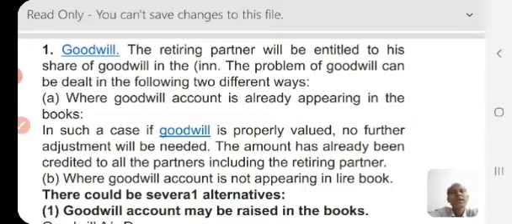So, at the liabilities side, the amount of goodwill is included in the partners' accounts, including the retiring partner, all partners. So goodwill is reflected in the capitals. At the assets side, goodwill appears. At the liability side, that is reflected in the capital accounts.